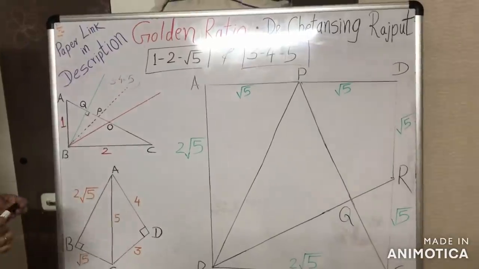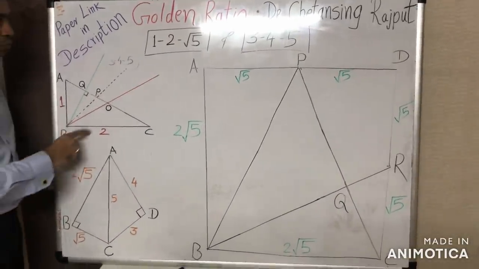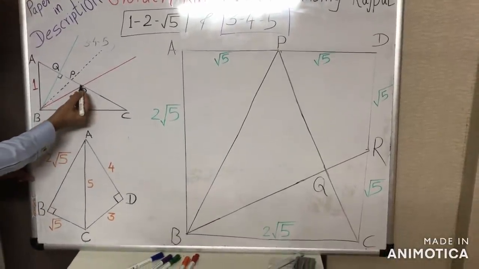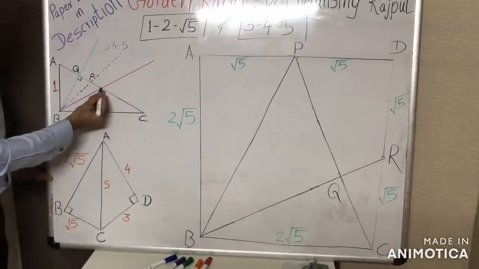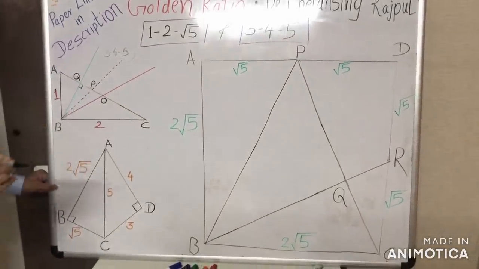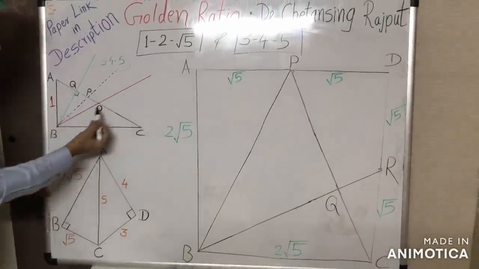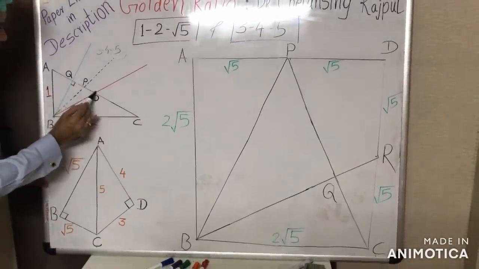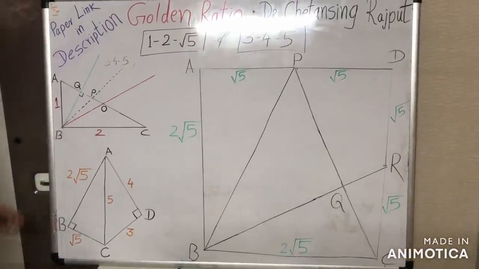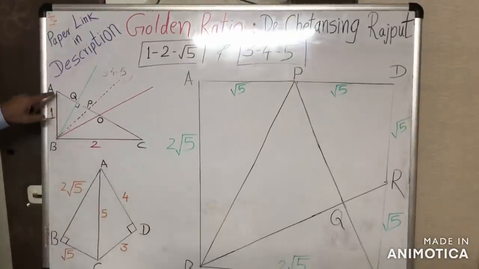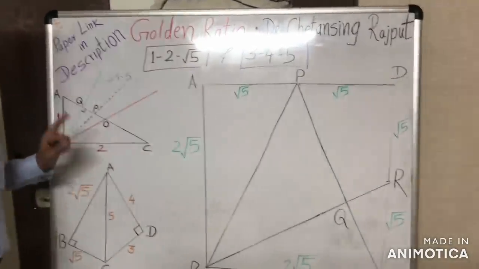In other words, in a 1, 2, root 5 right triangle, the median on the hypotenuse and the symmedian produce a 3, 4, 5 Pythagorean triple, or the Euler line and the altitude on the hypotenuse produce a 3, 4, 5 triple. In this way, the 3, 4, 5 Pythagorean triple is formed inside the 1, 2, root 5 right triangle.